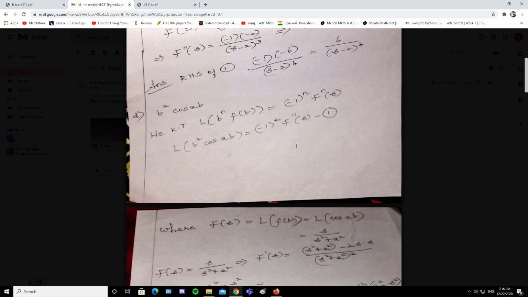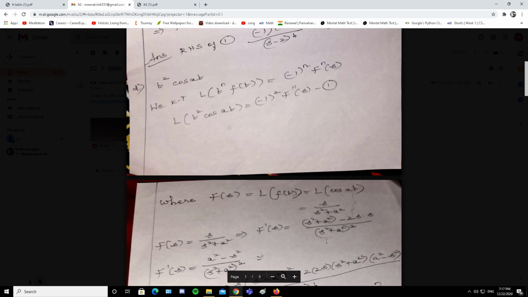So we have to find f double dash of s through f of s. What is f of s? L of f of t. What is f of t? Cos a t. Laplace of cos a t is a standard function, s by s square plus a square.